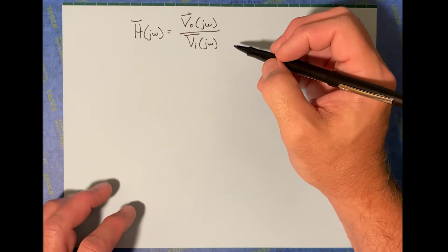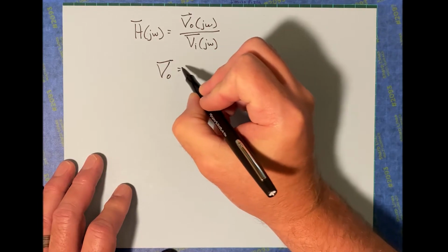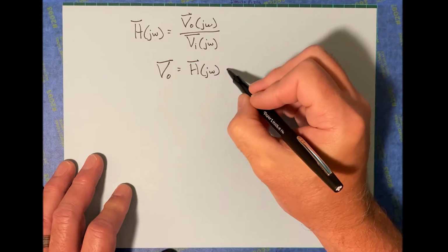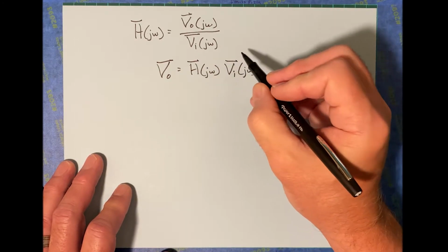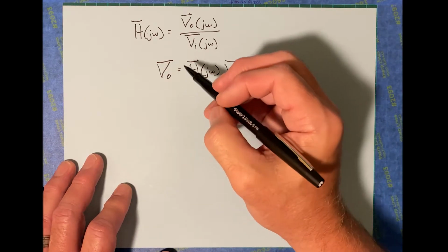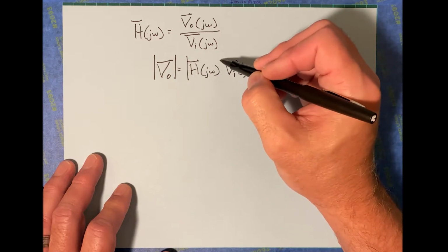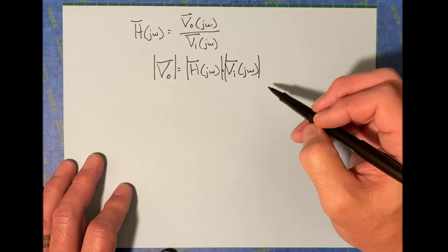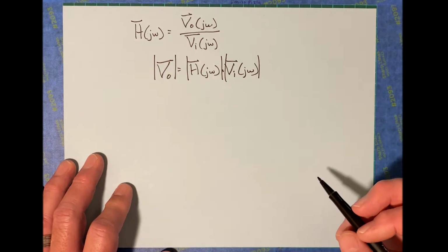Well, that makes the output function equal to the transfer function times the input. And if I want to know the magnitude of the output, that's just the magnitude of the transfer function times the magnitude of the input.